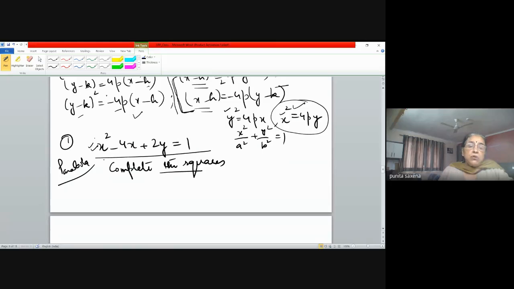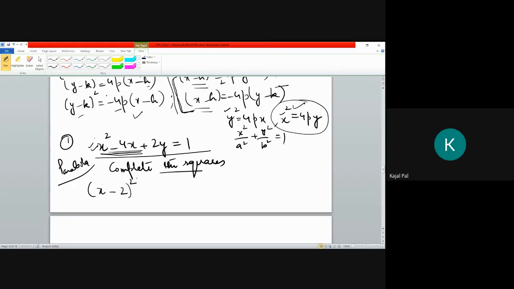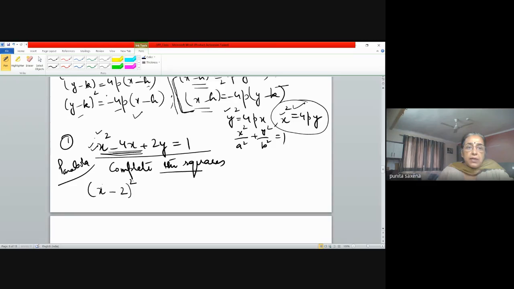Okay, so when you have to complete the squares, what I can see from here is I can write it as x minus 2 whole square. x square minus 4x की terms को अगर मैं combine करने की कोशिश करूं तो I'll have terms like this. ठीक है? Yes, ma'am. So what happens? X square taken care, minus 4x taken care.